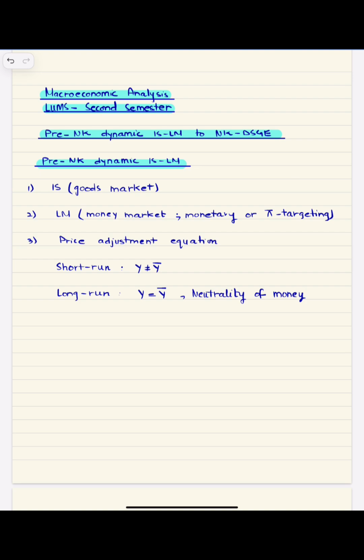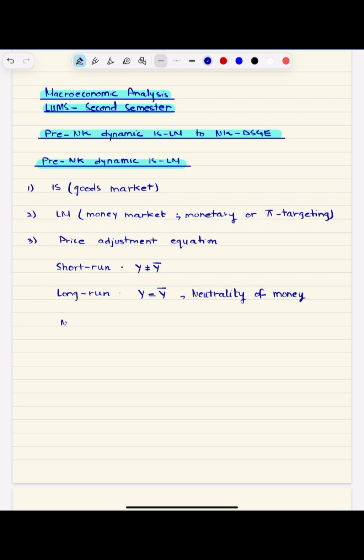And the third equation was the price adjustment equation. We then converted the system into a 3 by 3 matrix form, and then we analyzed the short run and long run dynamics.